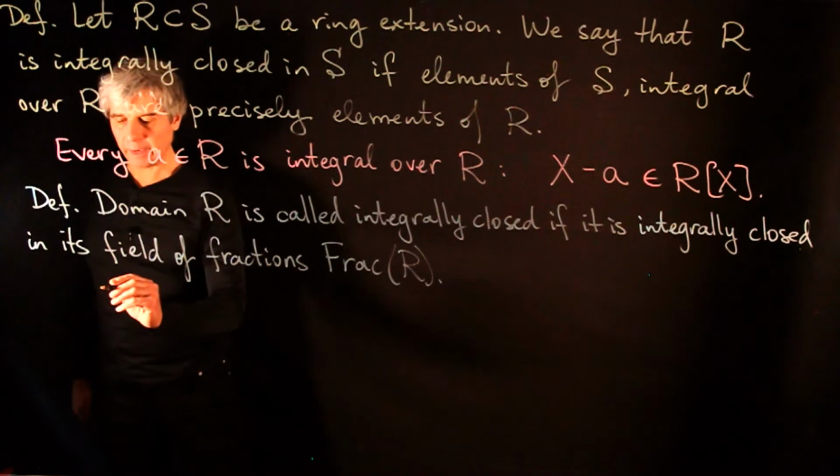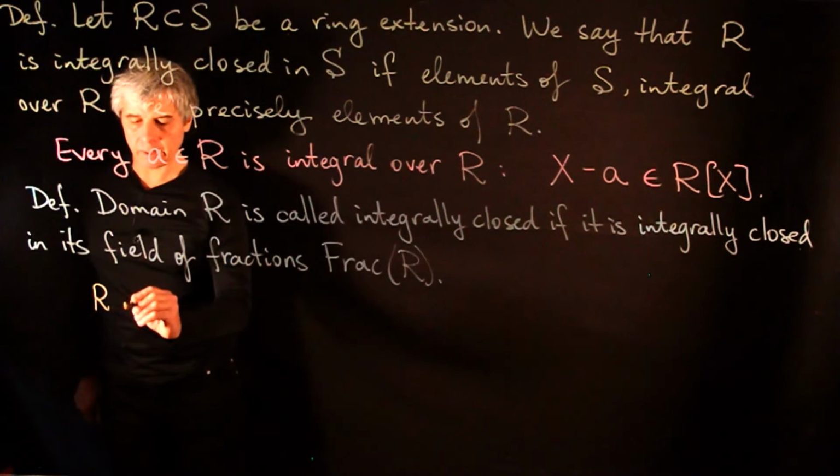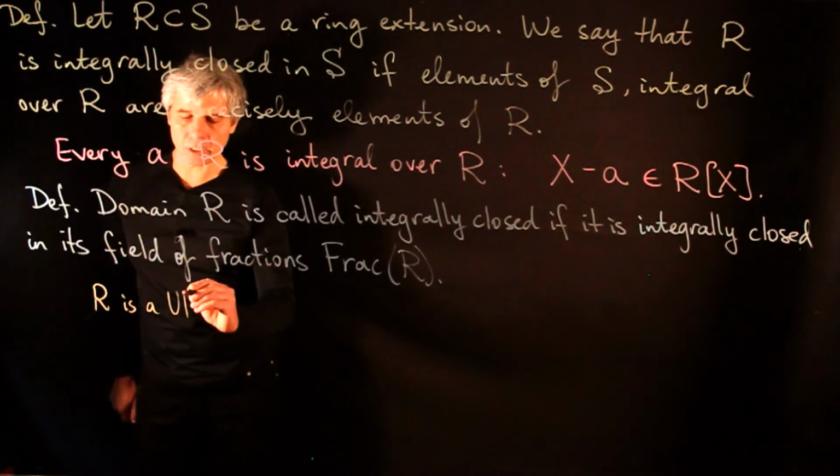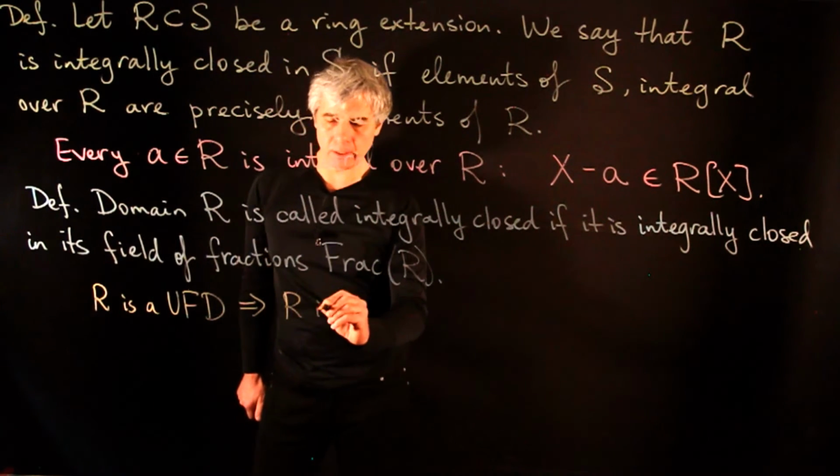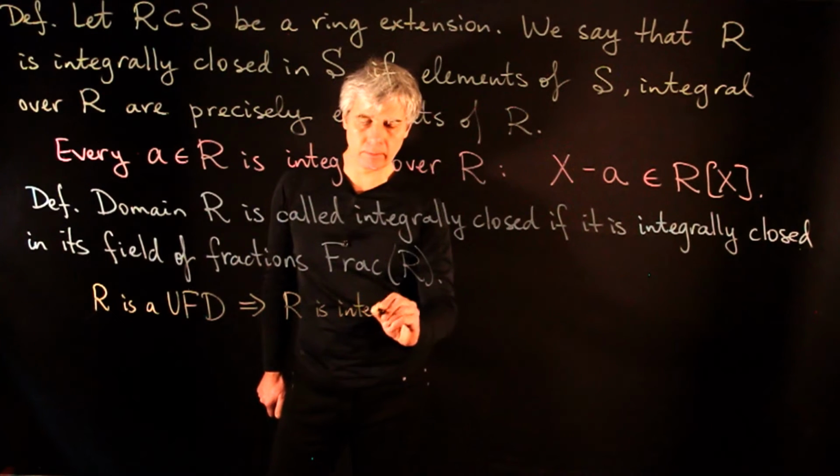So the previous lemma told us that if R is a unique factorization domain, then this means that R is integrally closed.